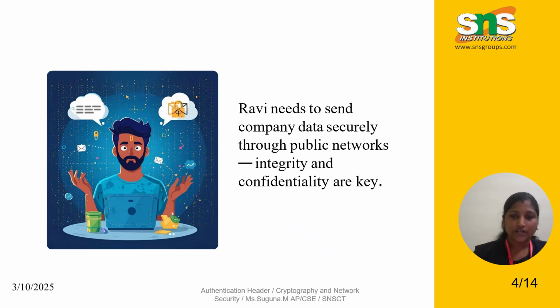So here we need to ensure integrity and also confidentiality, where both play an essential role. So Ravi needs a method that protects his data end to end. This is where the authentication header and encapsulating security payload come in.